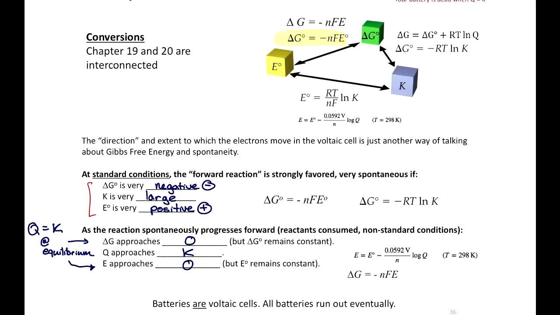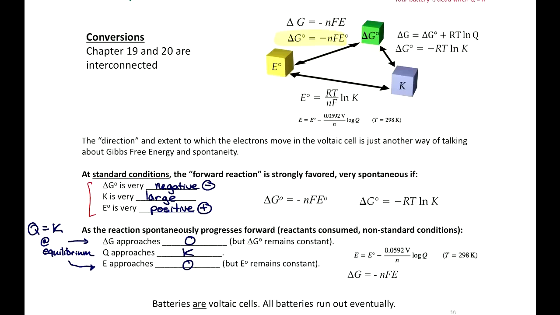Typically what we look for is that a reaction is very spontaneous in the forward direction as written when delta G is negative. We already learned that in chapter 19. The forward direction is also very favored if K is a really big number, because if K is really big, there's a lot of products present at equilibrium. Or E cell is very positive.